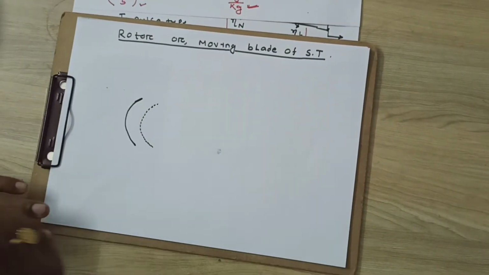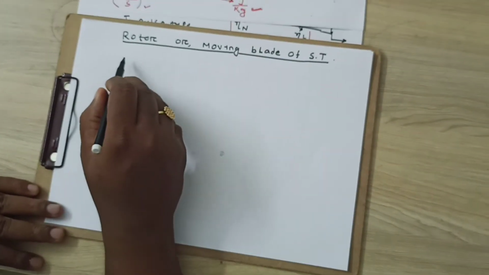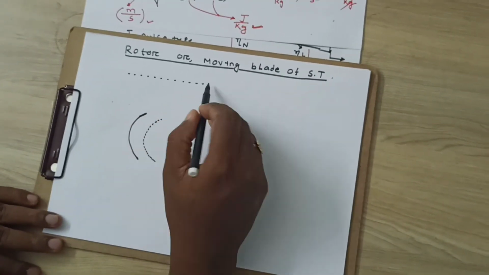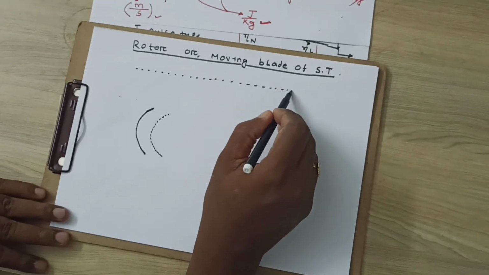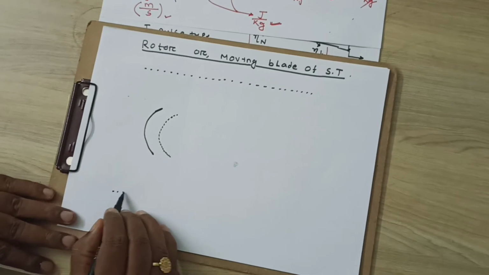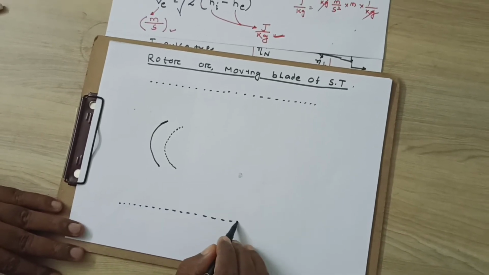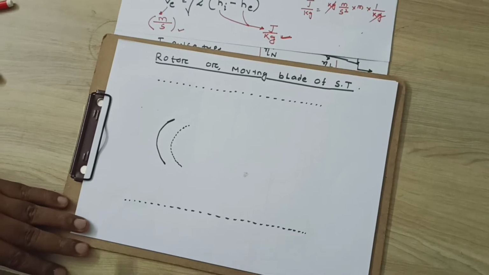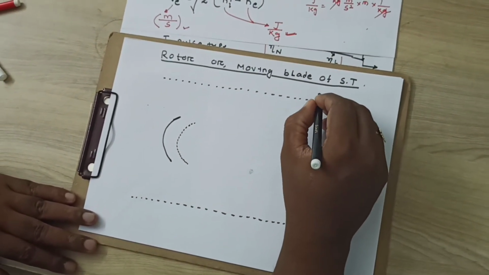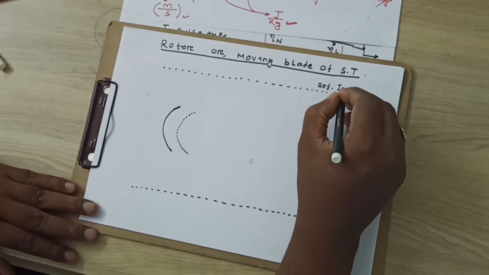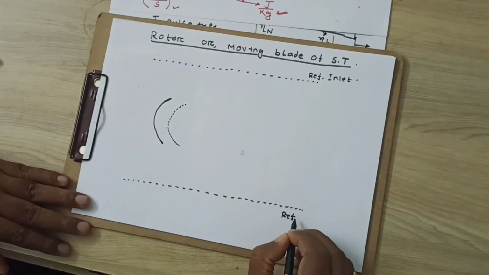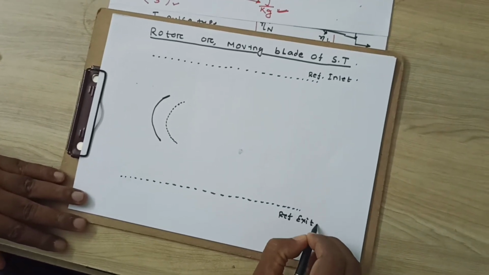This is at time t equal to 0, and then at time t equal to 1 unit. Then we have to take some references. This will be the reference for the inlet velocity triangle, and this will be the reference for the exit velocity triangle.